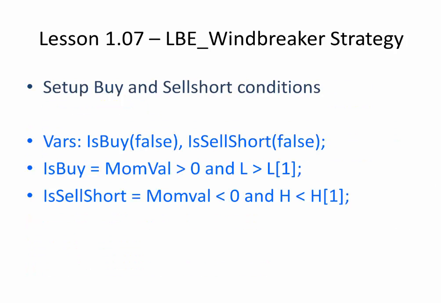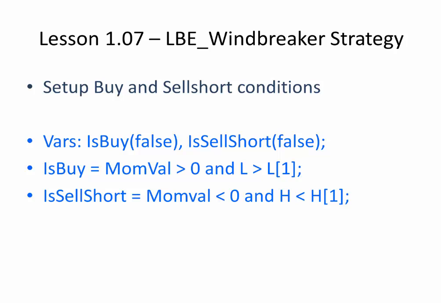Here we have the setup and sell short conditions or filters, if you wish. The is buy variable will be true when it is time to enter a long trade. Is sell short is true when it's time to enter a short trade.